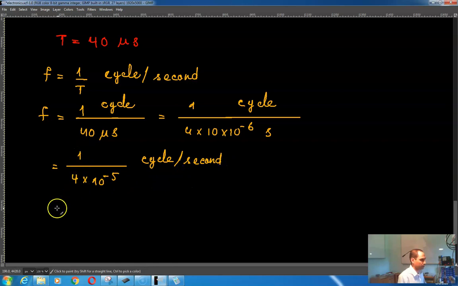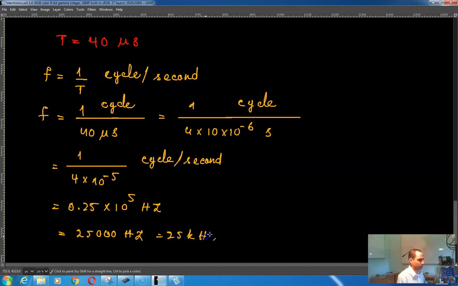Which is the same thing as 1 over 4, which is 0.25, into 10 raised to the power 5. Cycle per second is hertz, right? And that's the same thing as 2.5, which you can call, for example, 25,000 hertz, which is the same thing as 25 kilohertz, right? 25 kilohertz.